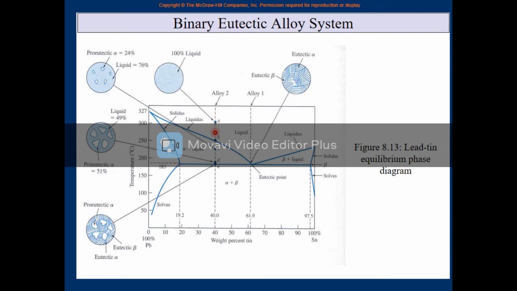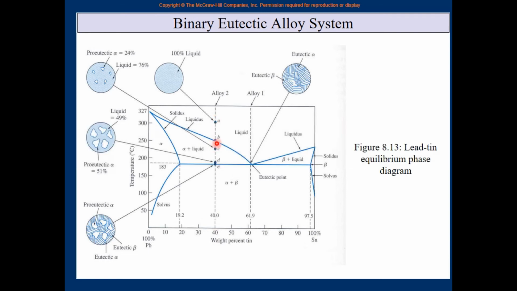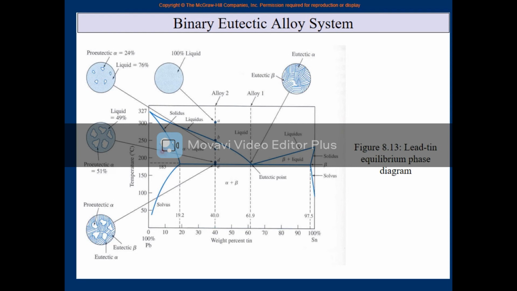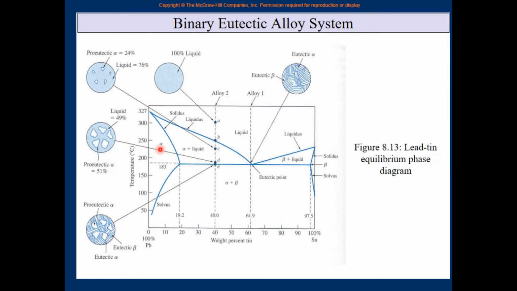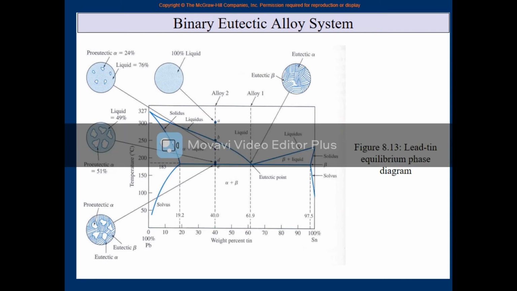If we drop the temperature until we just hit the line, as soon as we hit this liquidus line, some of the liquid begins to become solid. You see, there is alpha solid on this side, there is beta solid on this side. Whenever there are two solid phases, on one side one solid will form, which is alpha, and on the other side the other solid will form, which is beta. So when you just touch this line, a very small amount of the liquid starts to become solid, and that solid will be alpha.